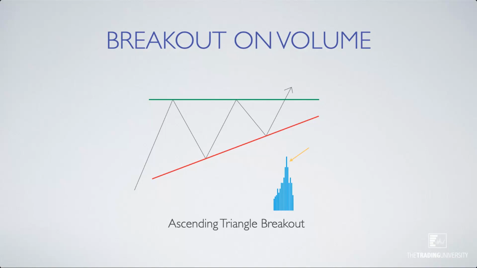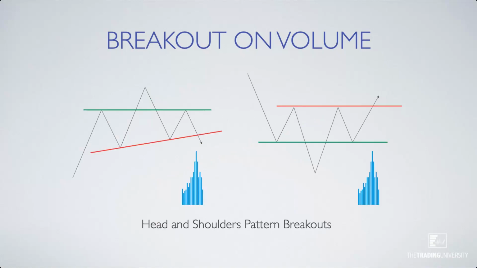You'll see that volume come in as the breakout happens. So all of these patterns need to break out on volume, and that's going to be one of your confirmation signals that the breakout is potentially happening, both bullish and bearish.